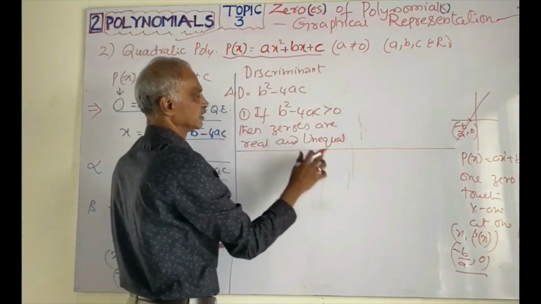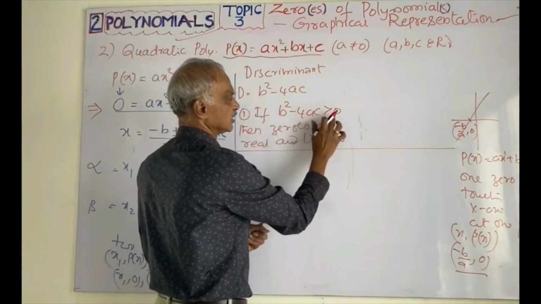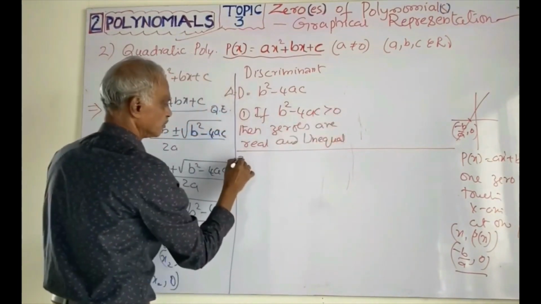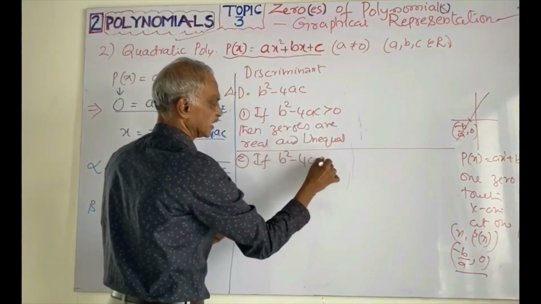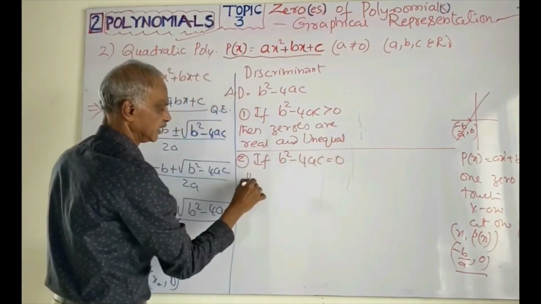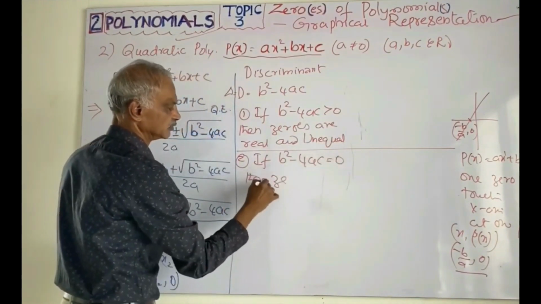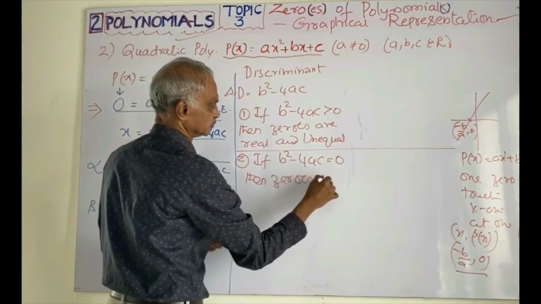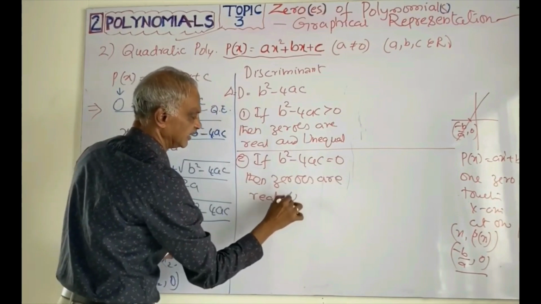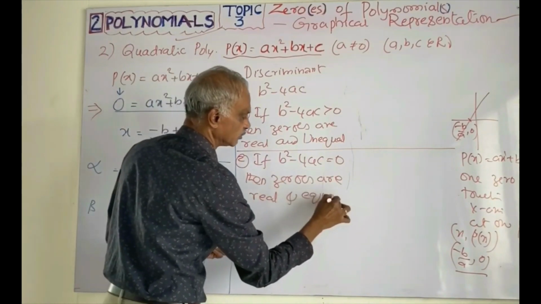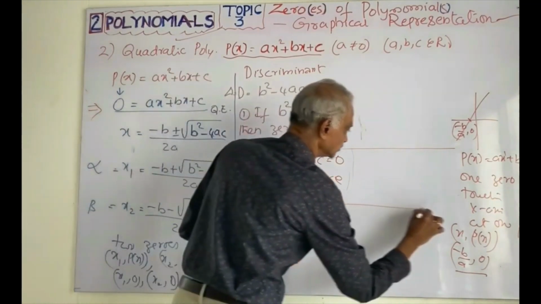Number 2, if b square minus 4ac is equal to 0, then zeros are real and equal. They are equal to each other.